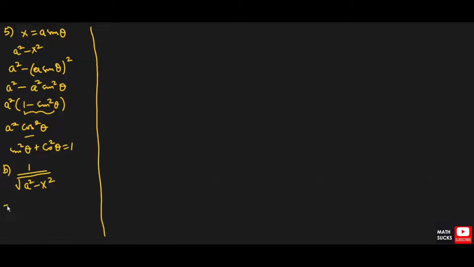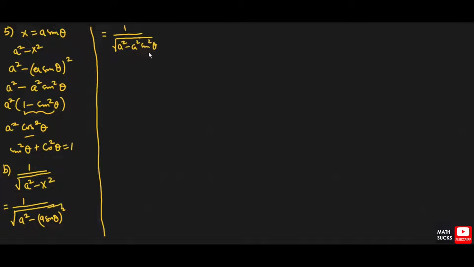But in the normal situation you have to substitute in and do the simplification. So this is a squared minus a sine of theta squared, and so that means we have 1 over the square root of a squared minus a squared sine squared of theta.